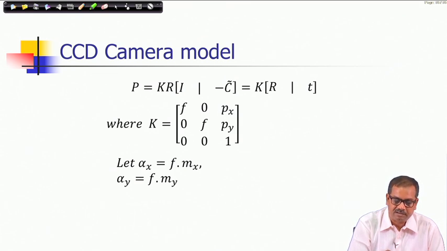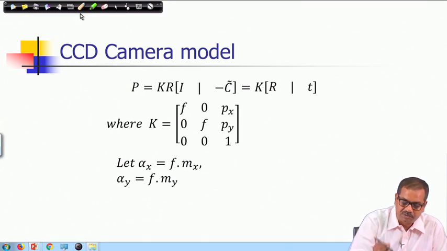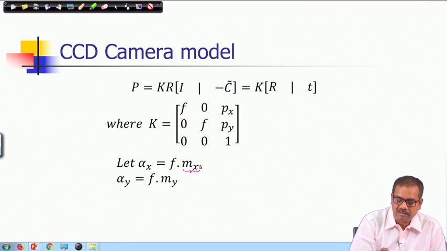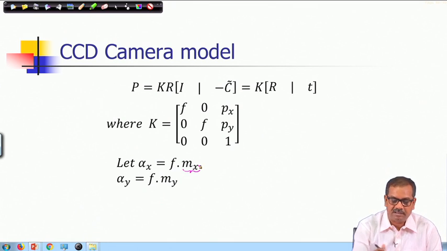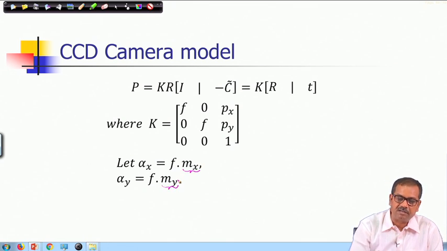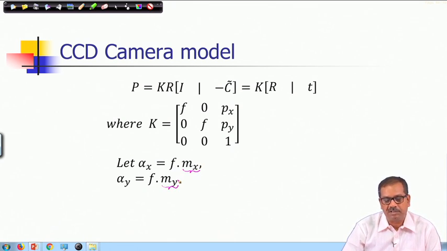But let us consider that per unit length there are mx number of sensors. So, mx is the number of sensors in the horizontal direction, and my is the number of sensors in the vertical direction. So, this is how a unit length is covered by that many sensors.